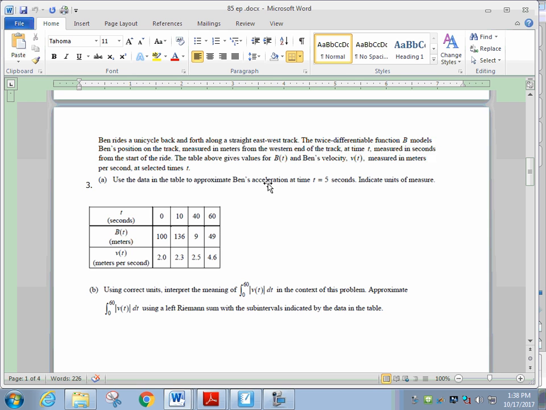Does the data in the table seem to indicate that the Riemann sum would underestimate or overestimate the true integral value? Why? It's a left Riemann sum on what appears to be an increasing function. Can't say for sure.